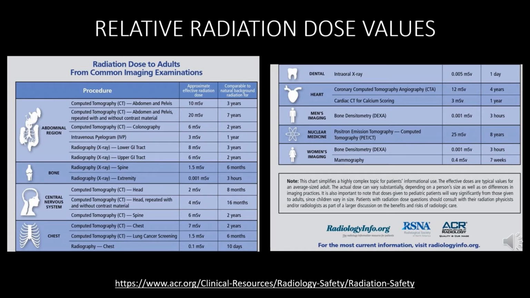So we should choose the most appropriate examination with the lower dose if it is possible to answer the clinical question we are dealing with. You can also see, like a DEXA scan or bone densitometry has an approximate effective radiation dose of 0.001 millisievert, equivalent to only 3 hours of background radiation.